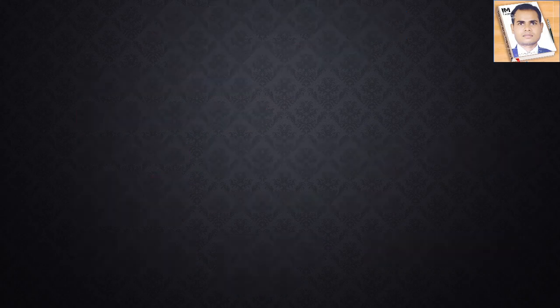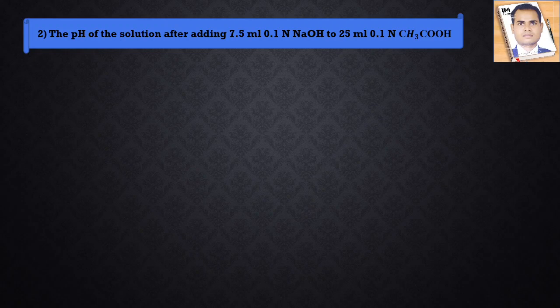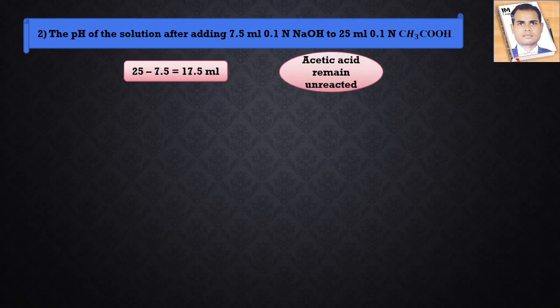The next step is when you add 7.5 ml of 0.1 normal NaOH to the 25 ml of 0.1 normal acetic acid. What will be the pH, that we have to see. We arrange it in this manner: 25 ml of acetic acid and addition of 7.5 ml of base. Subtracting, the remaining part is 17.5 ml.